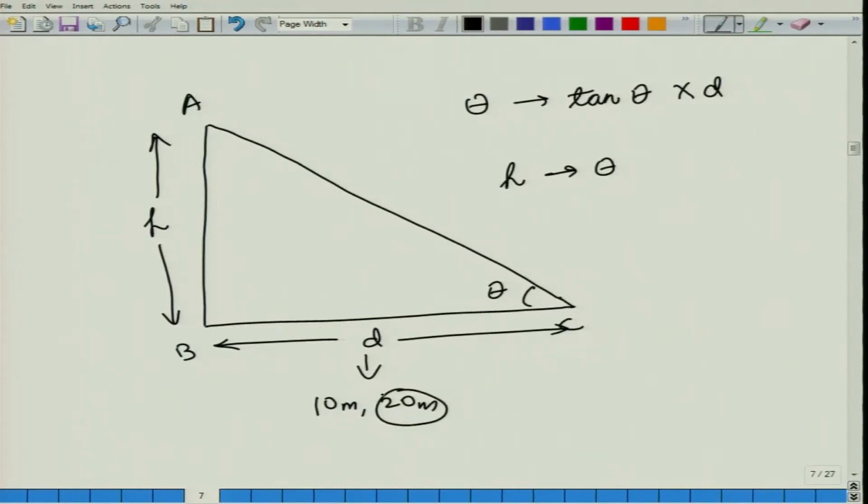So, you need to stand at a distance of 20 meters from the base of the tree. So, this would be 20 meters, and in place of measuring theta and then calculating tan theta and then multiplying it by 20, you can directly have this instrument give you 20 multiplied by tan theta. So, it will directly give you the height, which makes the measurements easier on the ground.